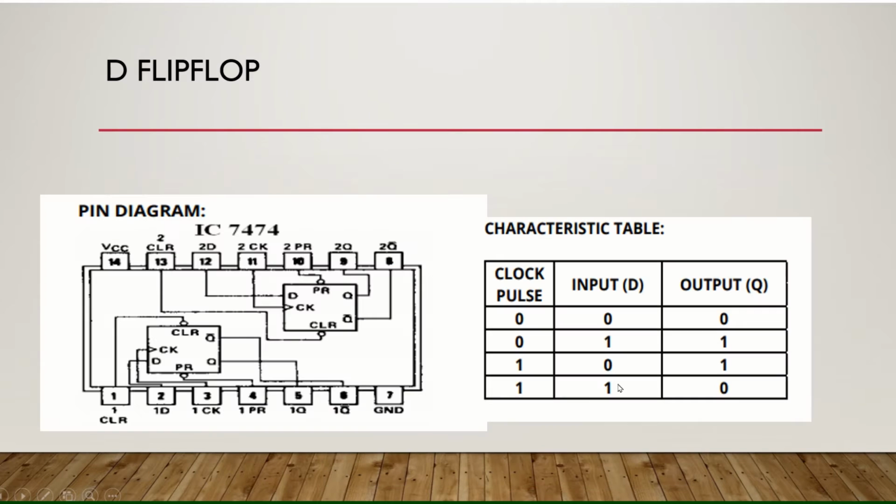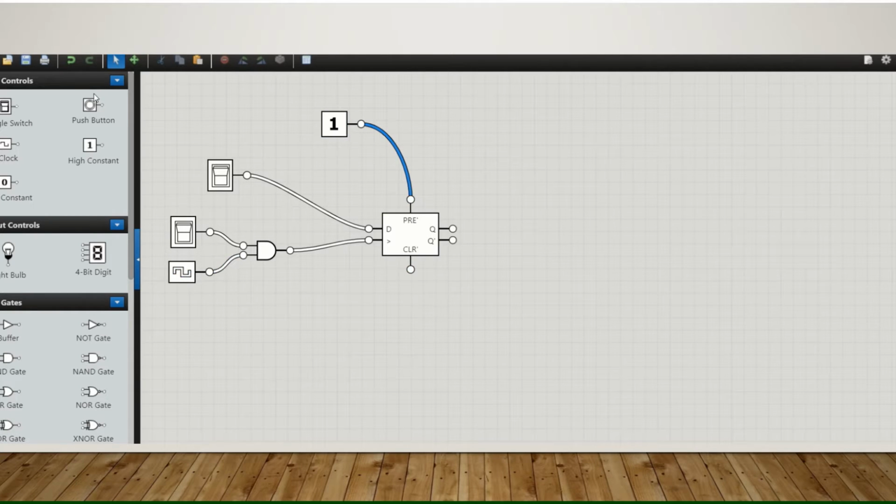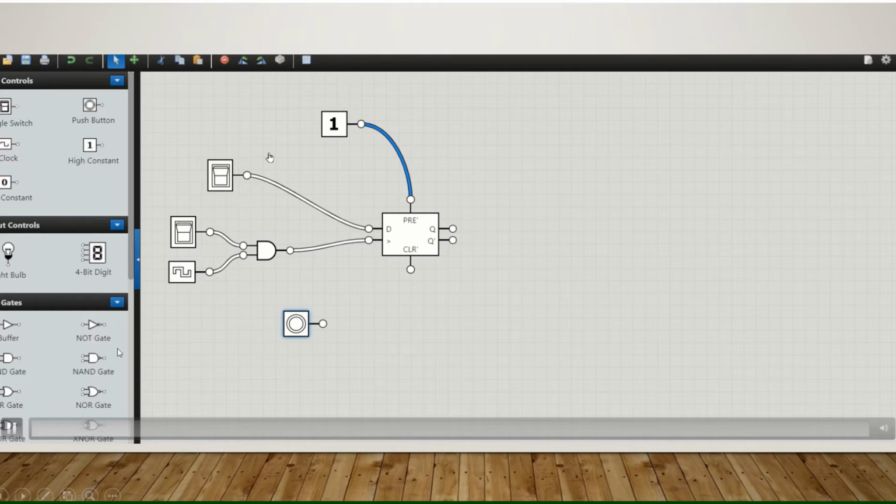Here's the symbol for the D flip-flop. The pin diagram and the characteristic table is given. Next, we'll see the simulation for the D flip-flop. We need two toggle switches, one clock, one D flip-flop, one AND gate, one push button and one NOT gate.